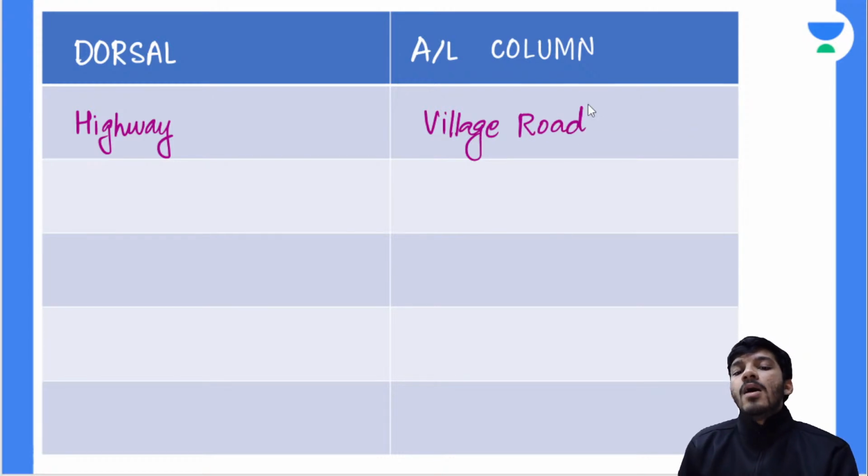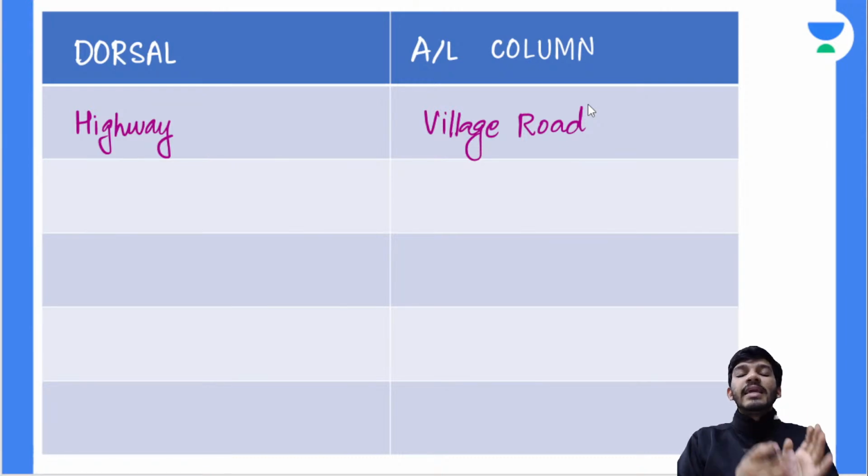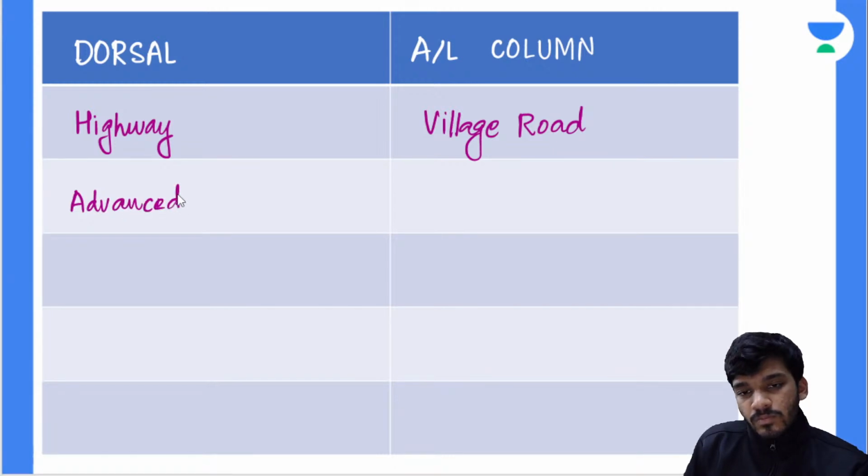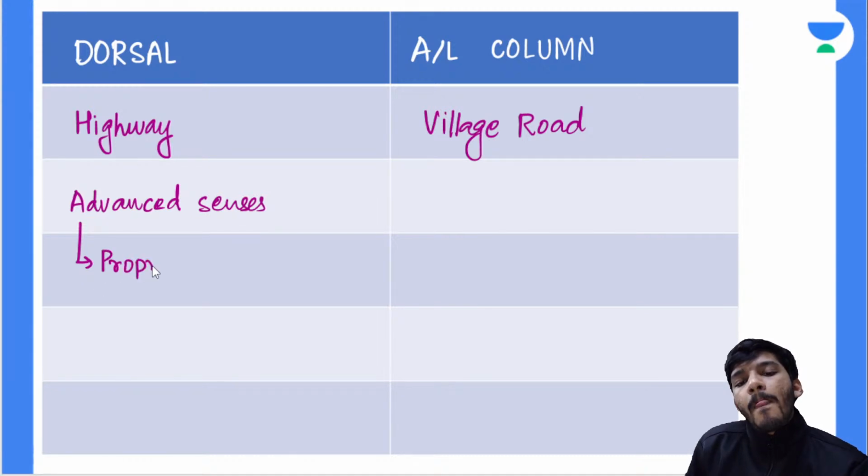Now how this helps you remember is that the dorsal column is a much more advanced pathway. It came later in evolution, so it will carry more advanced senses. Okay, what are the advanced senses? For example, proprioception, right?